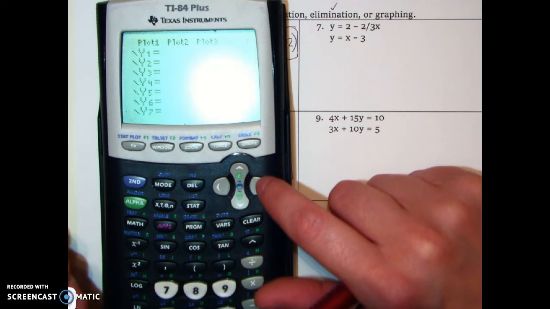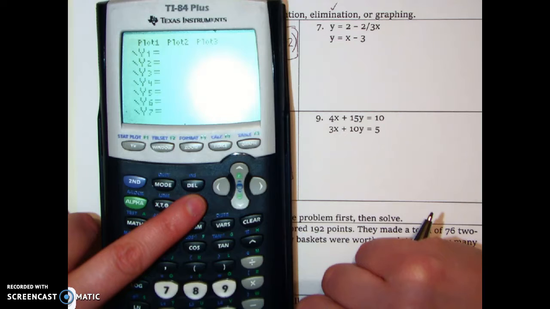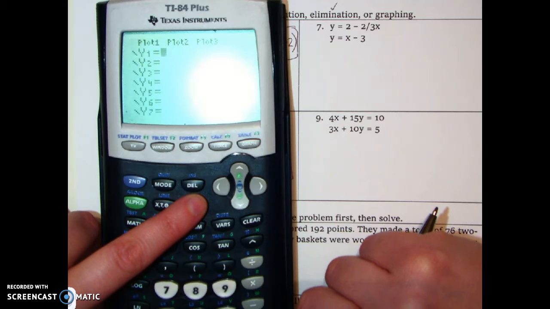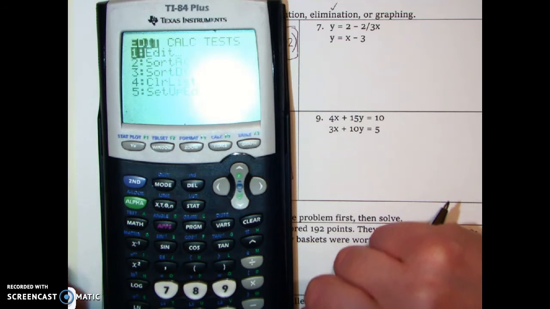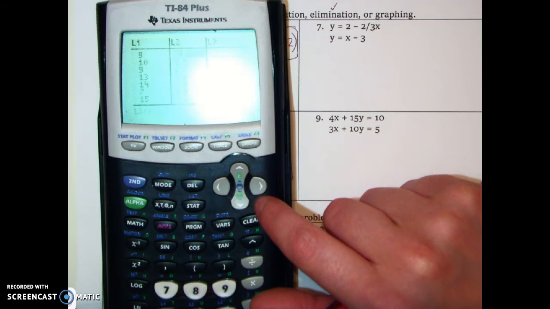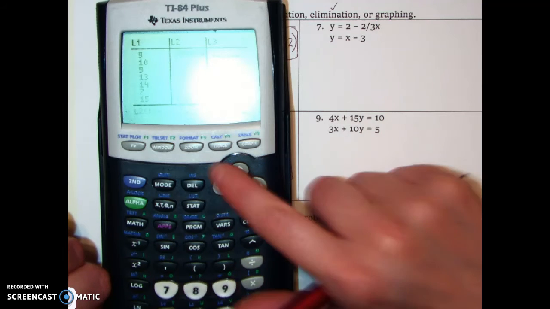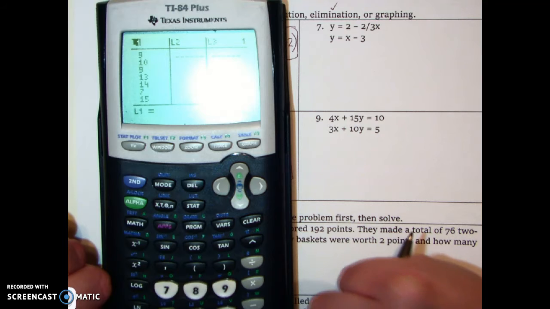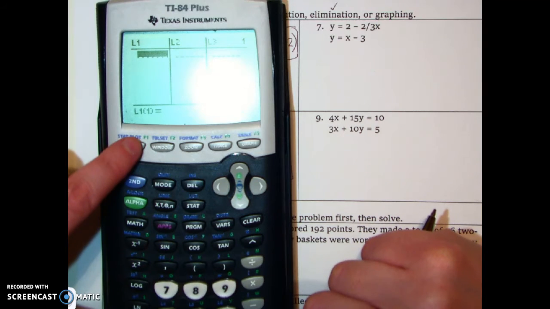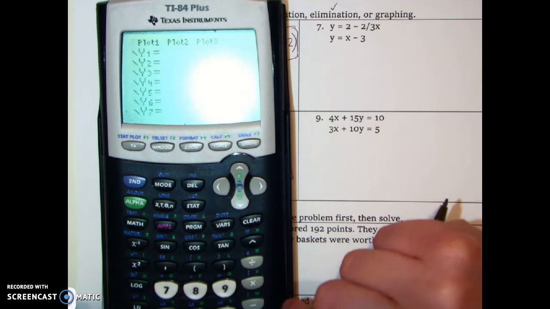Just to be on the safe side, I'm going to go over to the stat and make sure that I don't have anything entered into those tables, because those dots would show up on the table as well. I do. So I'm going to clear out L1 and L2. Now I'm going to go back to y equals and put in my 2 equations.